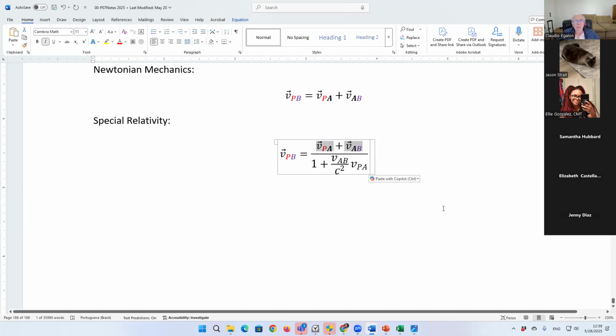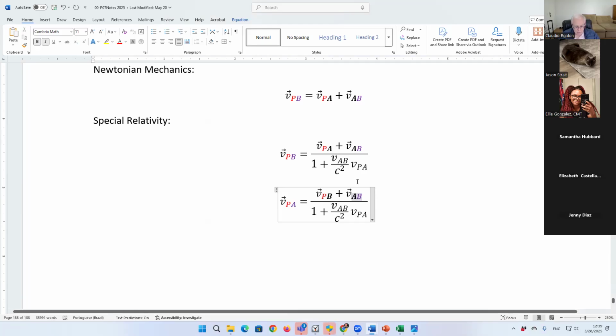So it's not difficult to memorize. See, you have VAB right in here, VPA right in here. So right from the bat, if I want to write V of P with respect to A, I already know that's going to be V of P with respect to B plus V of B with respect to A, from that intuitive formulation.